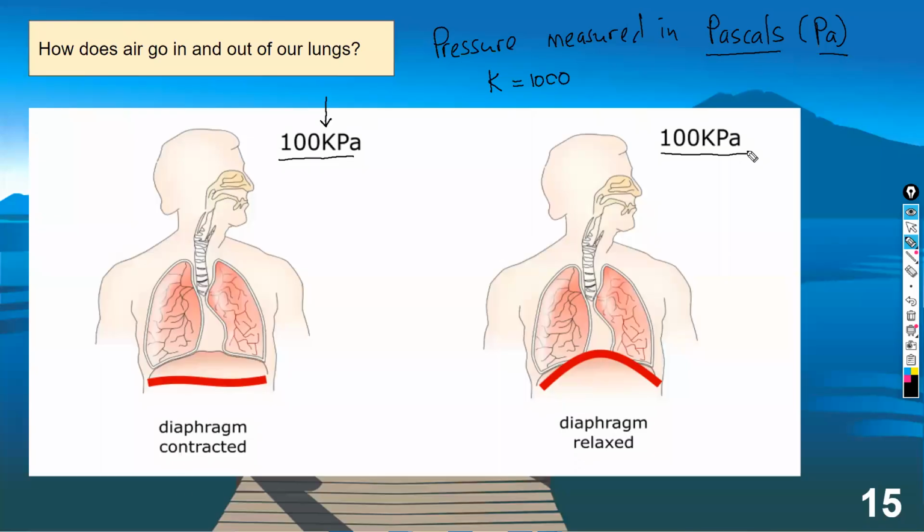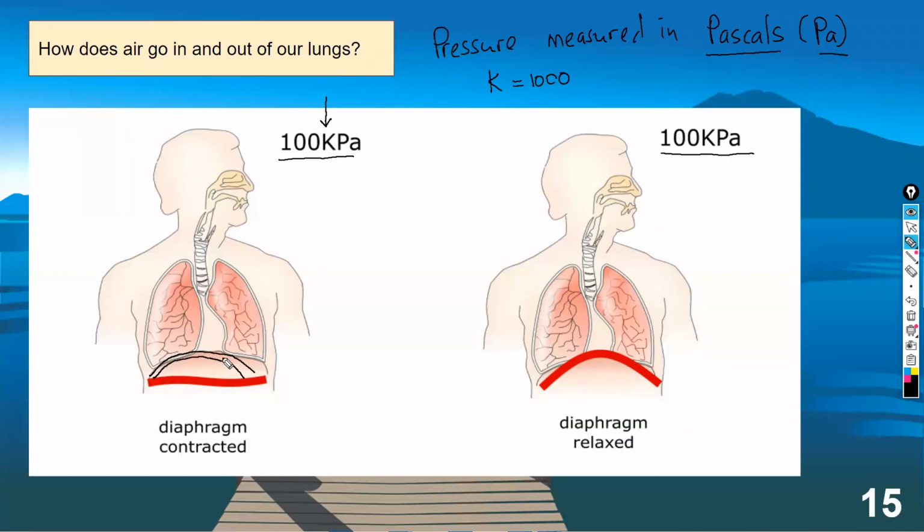Here's what's going to happen now. When you are doing nothing, I'm talking about you relaxing, you're not breathing in, you're not breathing out, you're in between breaths. The pressure outside your body is 100,000 pascals. Normally your diaphragm is upwards like this. Remember, there are two positions. So I want you all to pretend that your diaphragm is relaxed.